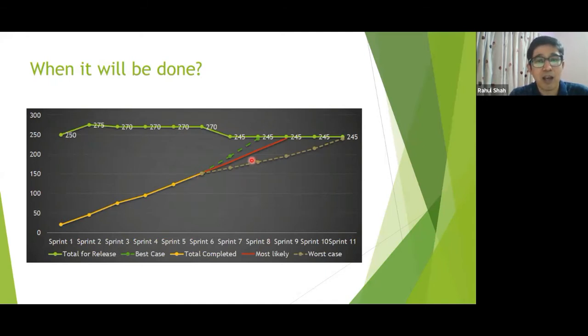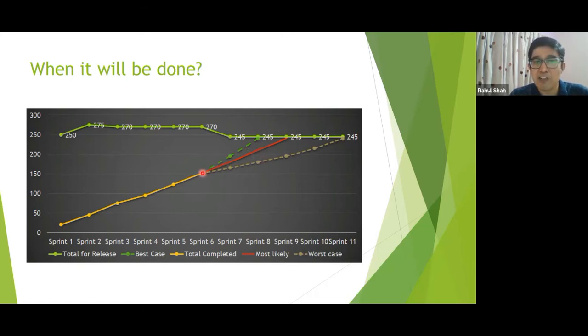Now, we cannot have certainty, a guarantee that this will happen. So I have a best case scenario, worst case scenario, and most probable, most likely scenario. There are different ways to generate these three lines. Those need to be done manually.